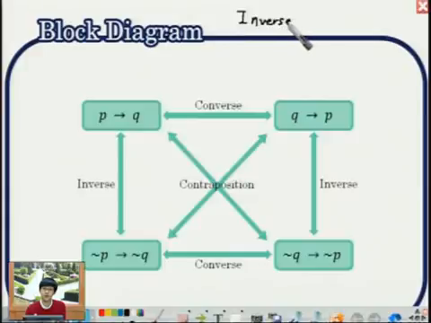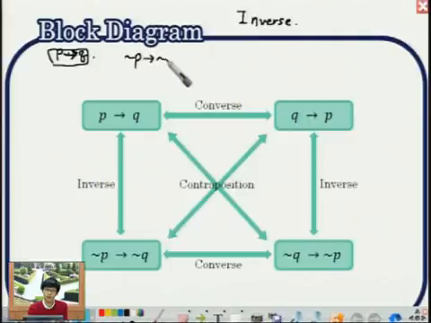Okay. So if the original proposition is like this, P to Q, then the inverse is you put the nots on both sides. So not P to not Q. This is the inverse.